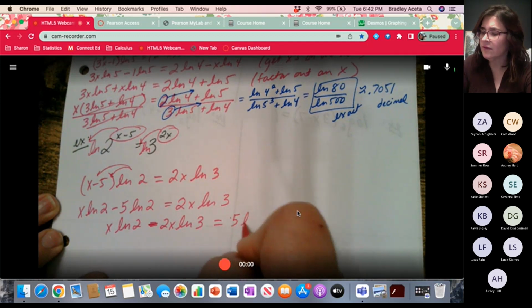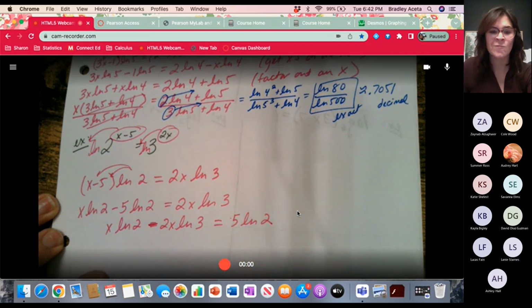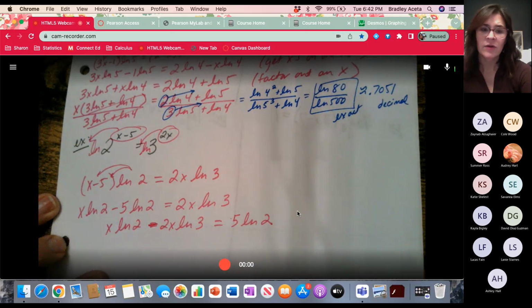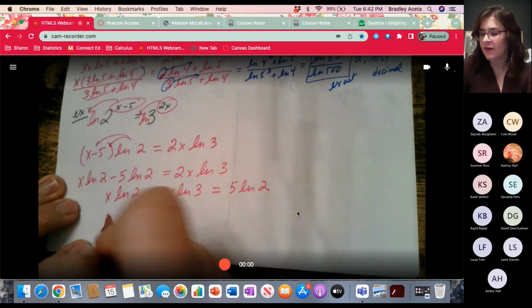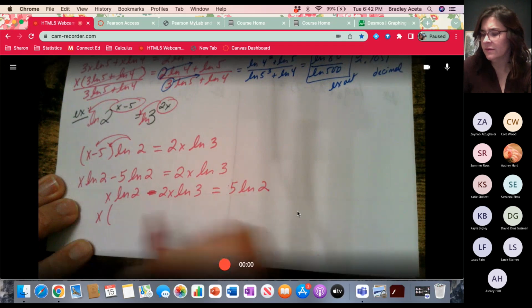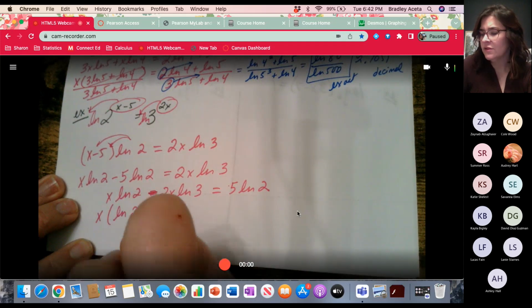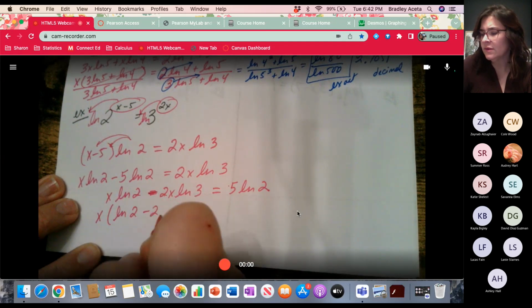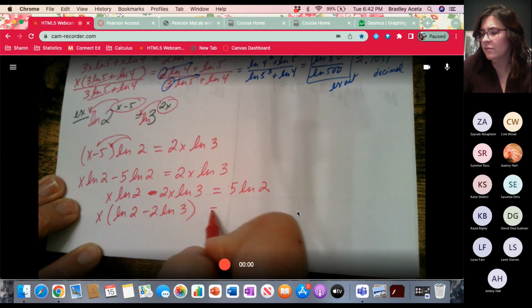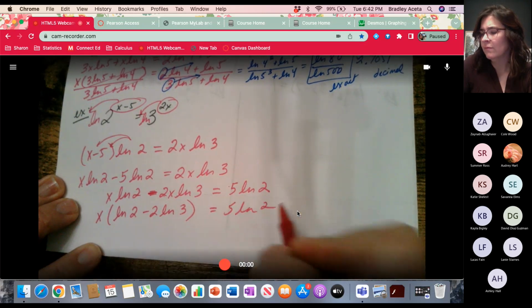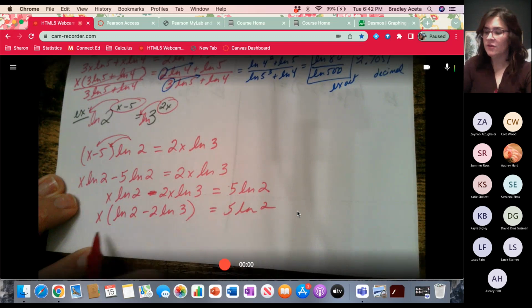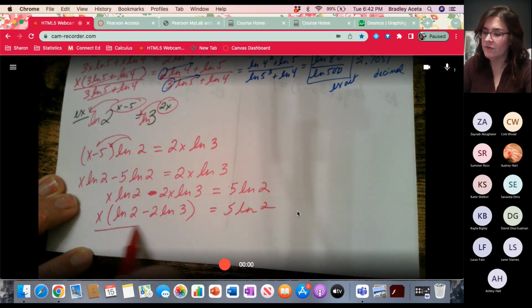So that's 5 ln 2. And now you're going to factor out an x. You're left with ln 2 minus 2 ln 3. And then you just divide out that coefficient in front of the x.